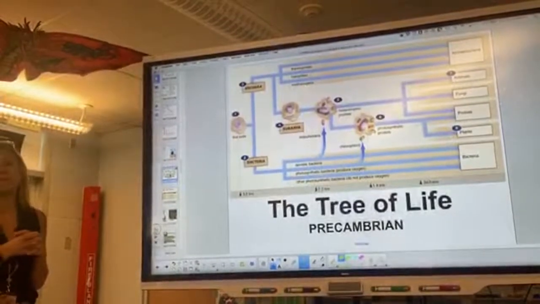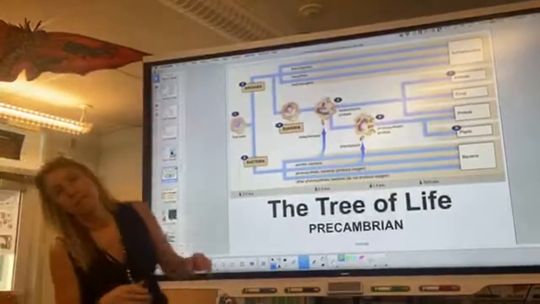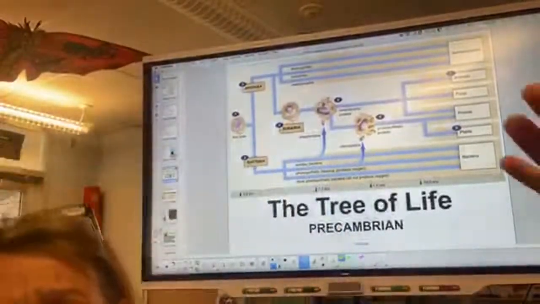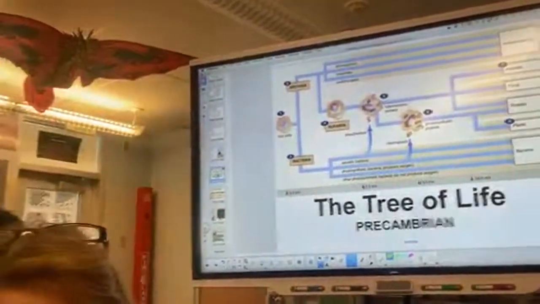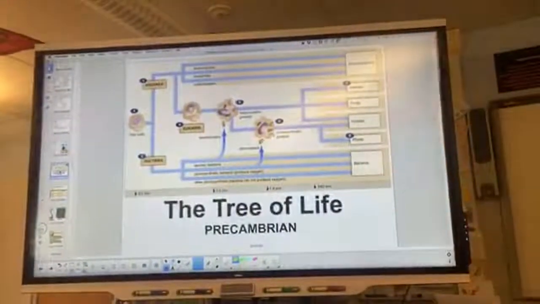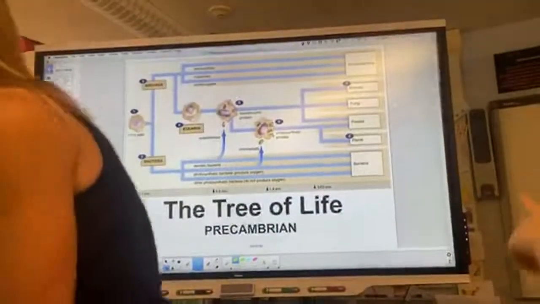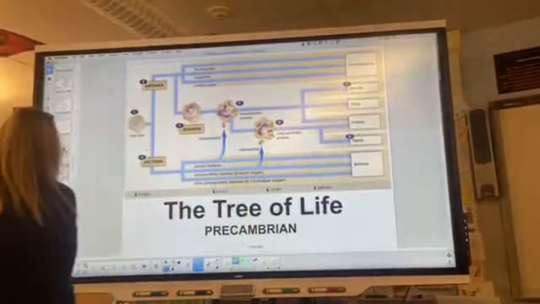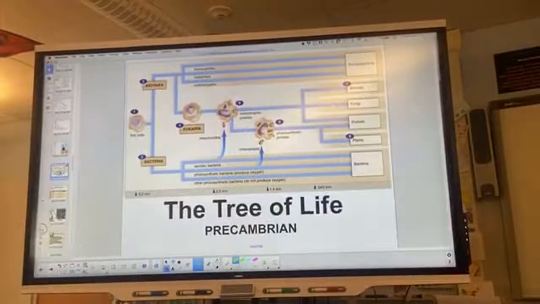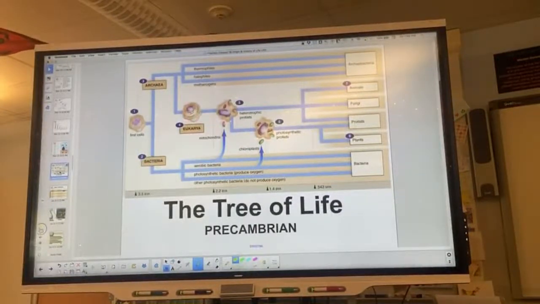The first cell happened, and then it branched off to archaea. And that was like a split. And then archaea made... I did bacteria. Eukarya are organisms with membrane-bound organelles.